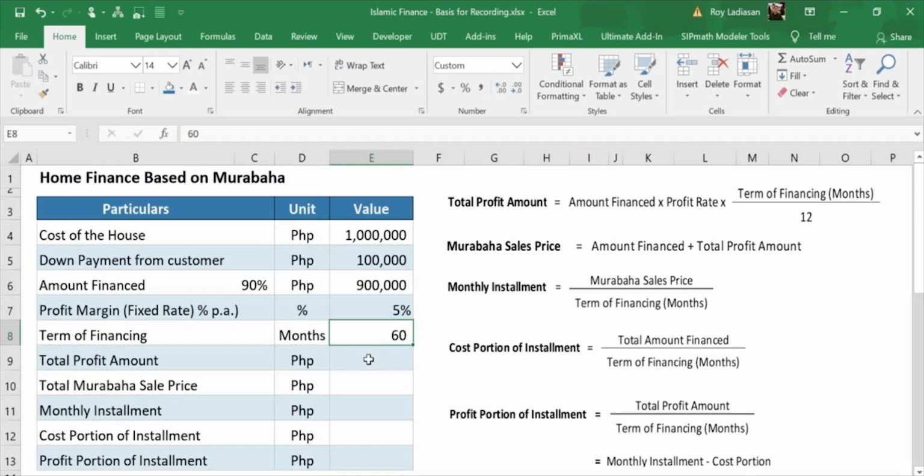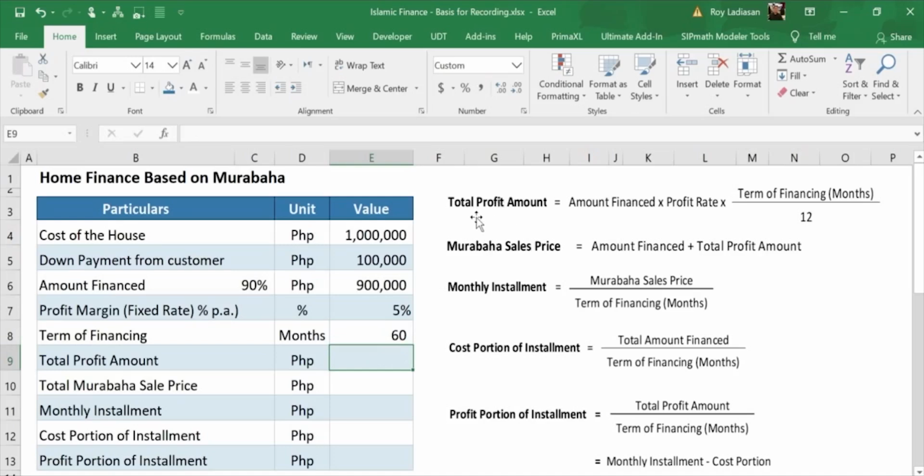So we are required to determine the total Murabaha sales price. But to determine it, of course, we need to first determine the total profit amount, because the Murabaha sales price is actually the amount financed plus the total profit amount.